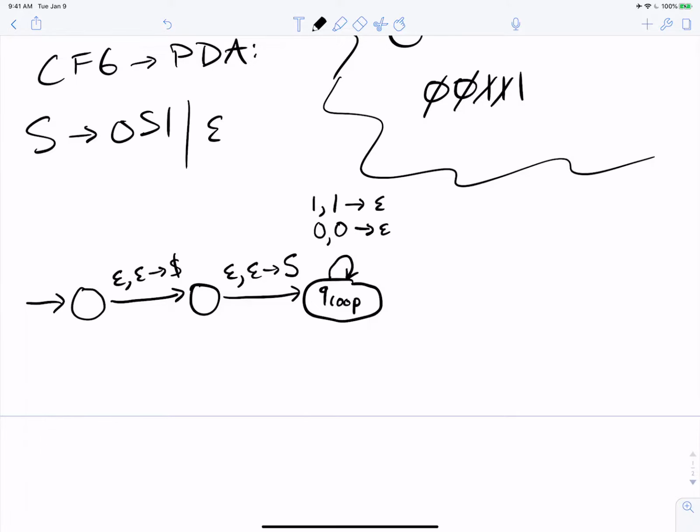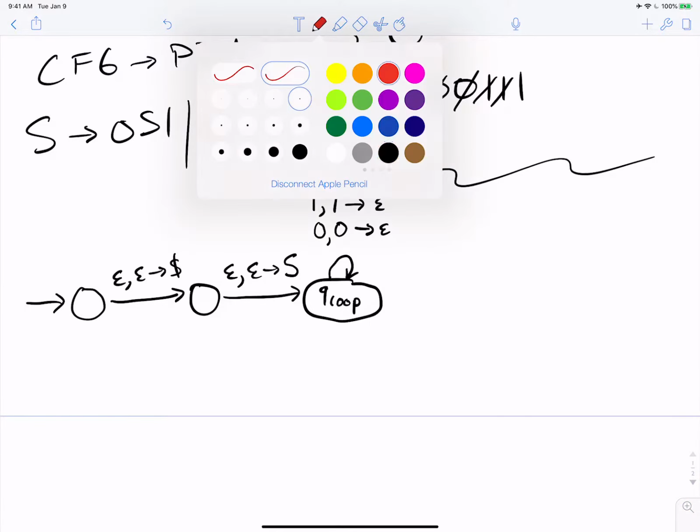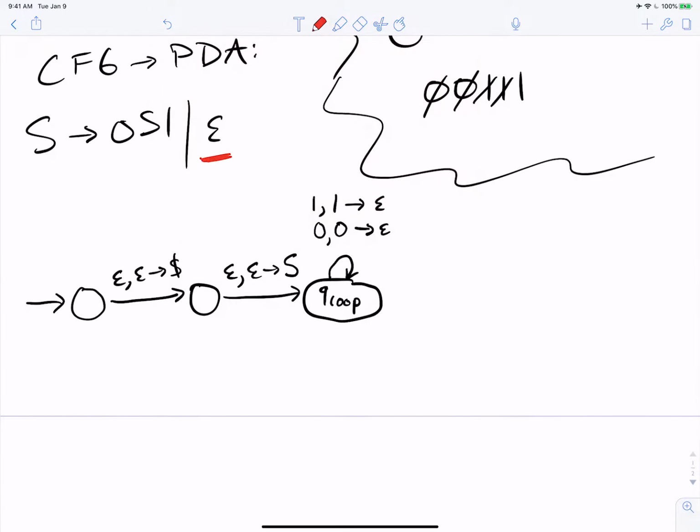Okay, so let's see. Well, how many rules do we have here in this grammar? 2 rules, okay, great. So let's do the easy one first, which is namely this one. S goes to empty. So in the derivation, that means that the variable S, if we applied this rule, goes away. So that S is going to be replaced with empty.